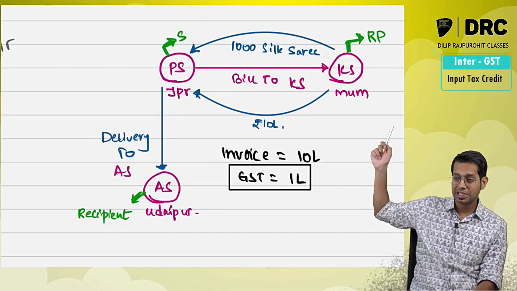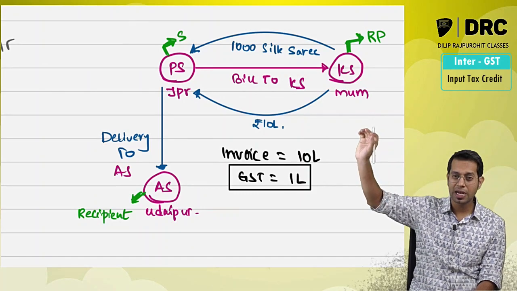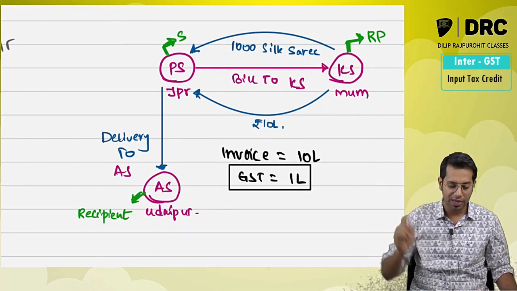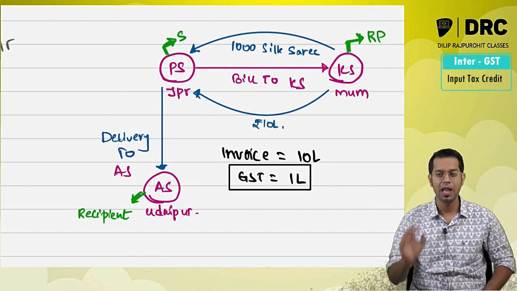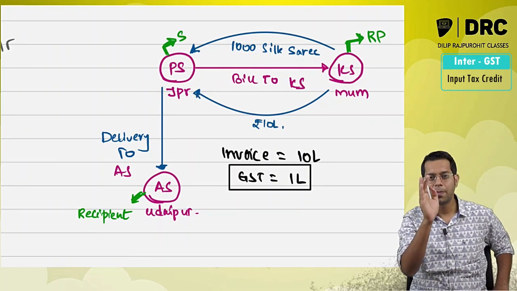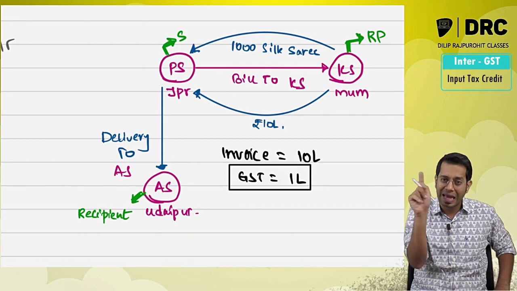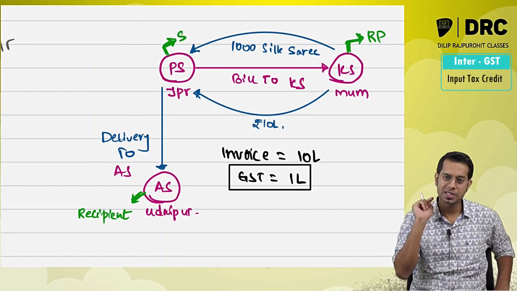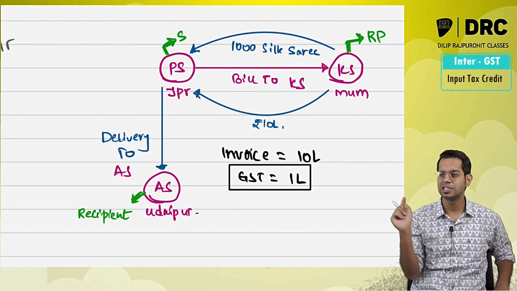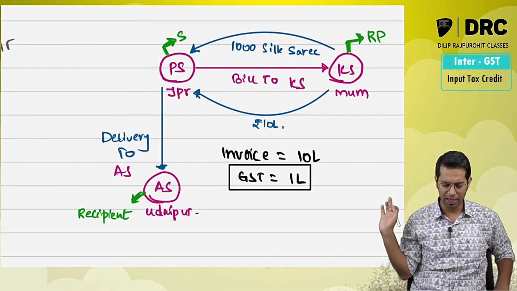Where the goods are delivered by the supplier, where the goods are delivered by whom? Priya Sarees. I'll just tell the explanation, then give the example. Where the goods are delivered by the supplier to a recipient on the direction of the registered person, then it will be deemed that the registered person has received the goods and services once it is received by the recipient.